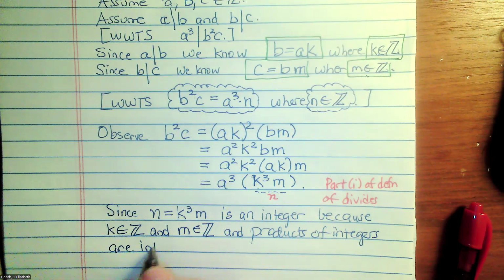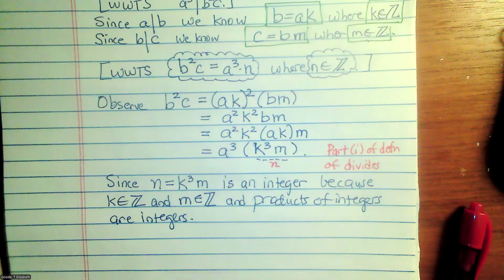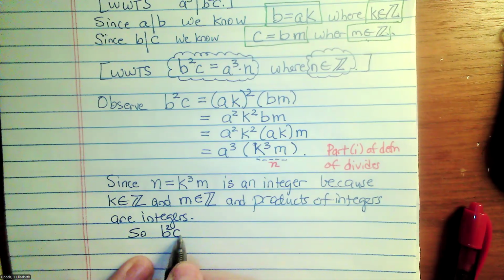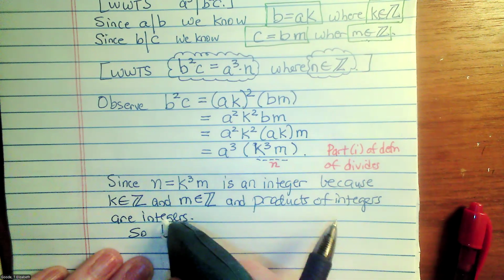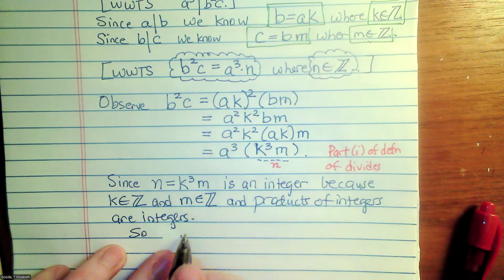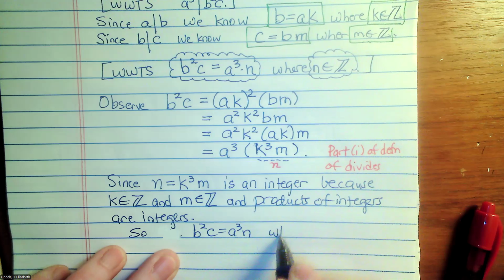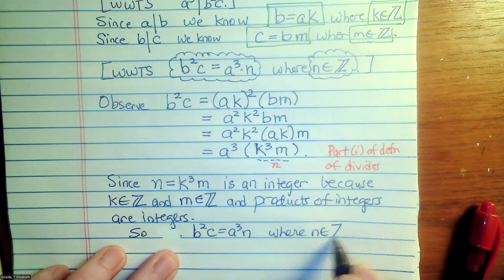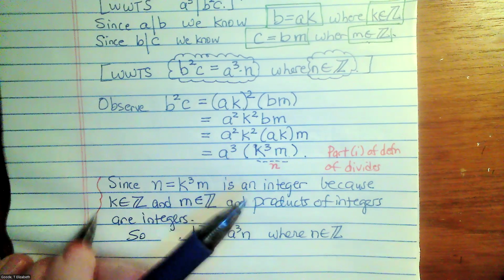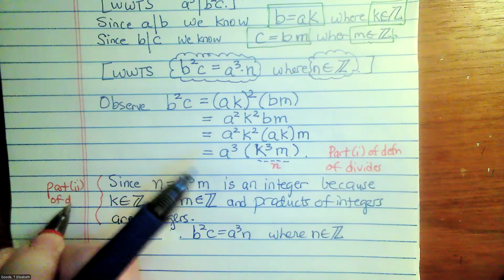Nicely done. So in fact, B squared C is equal to A cubed n, where n is in Z, because that's what we just proved. Part one, and this is part two of the definition of divides.